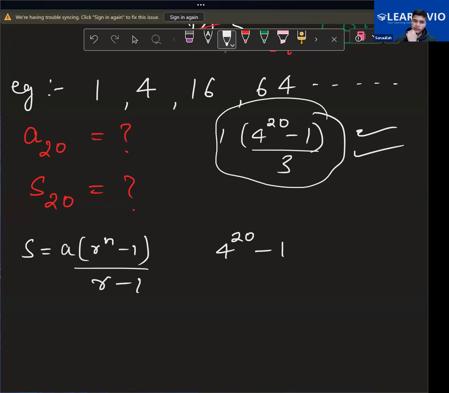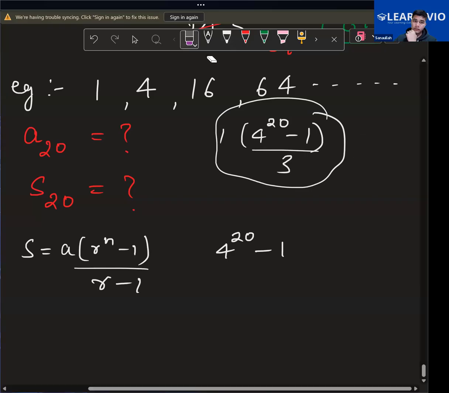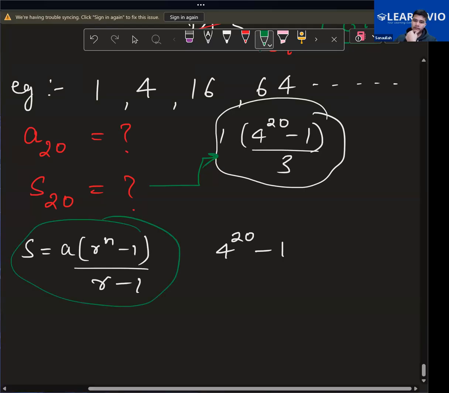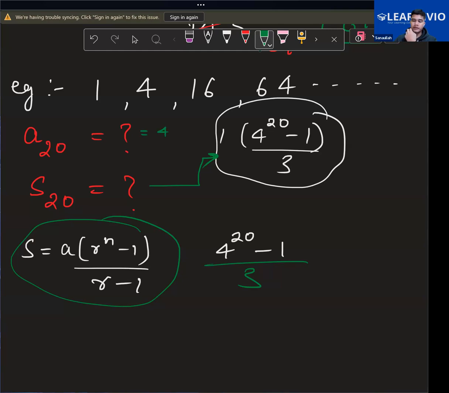For A20, I'm getting 4 to the power 19. For this the answer will be A times 4 to the power 20 minus 1, that is 4 to the power 19. Okay.